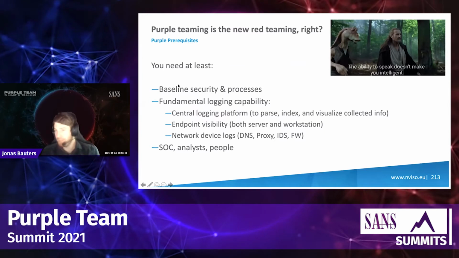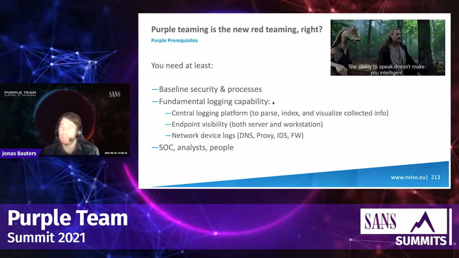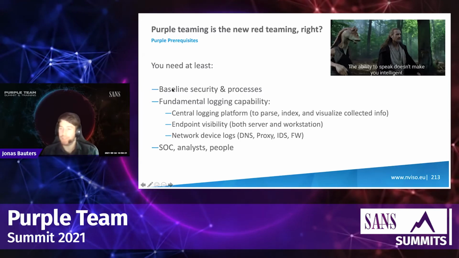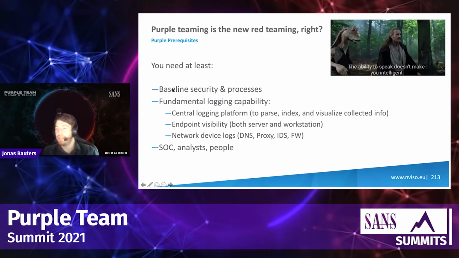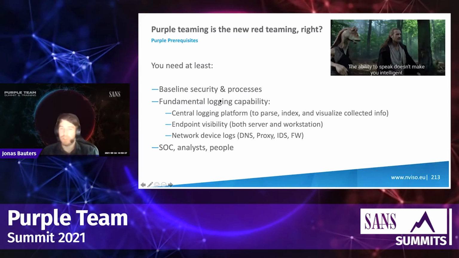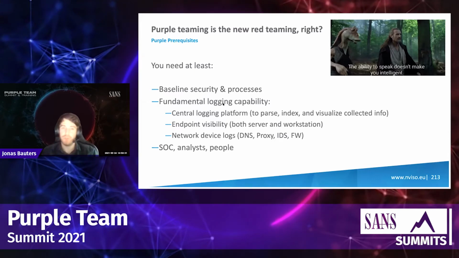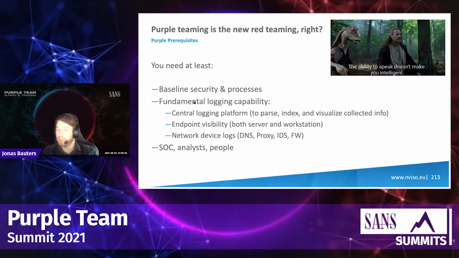And I think many of those have been explained or presented in previous presentations as well. So in this case, you definitely want that baseline security, baseline processes in place, which you should have obtained through the previous types of exercises in the maturity model.